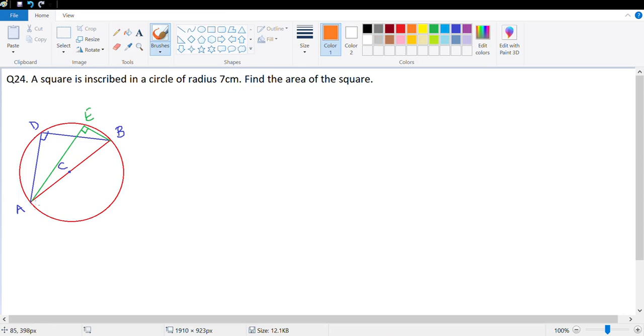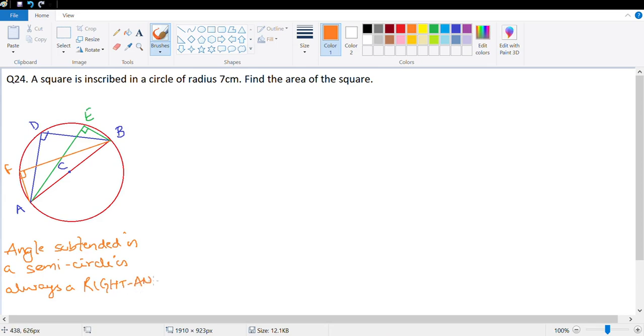Let's look at a third kind of an angle. Let's say if I have an angle like this. Any angle in a semicircle will always be 90 degree. So angle AFB is also 90. So the property is angle subtended in a semicircle is always a right angle.